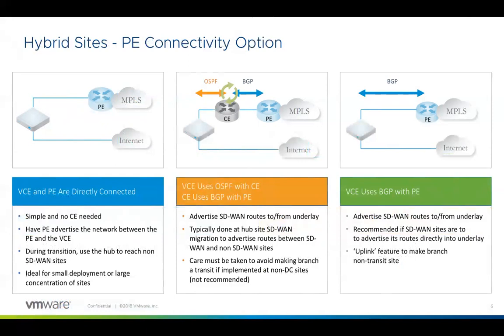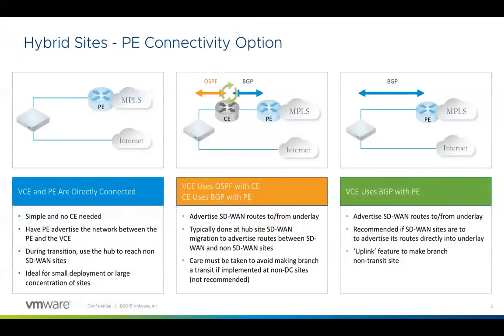So basically the MPLS provider in this case would never see the actual end user traffic inside of the tunnel, and neither do they need to advertise the branch prefixes. So in this case, all the MPLS needs to know is how to route between the tunnel source IPs at the branch and the tunnel source IPs in the data center and other SD-WAN sites.